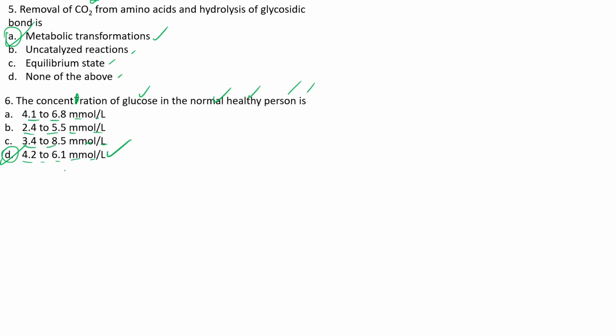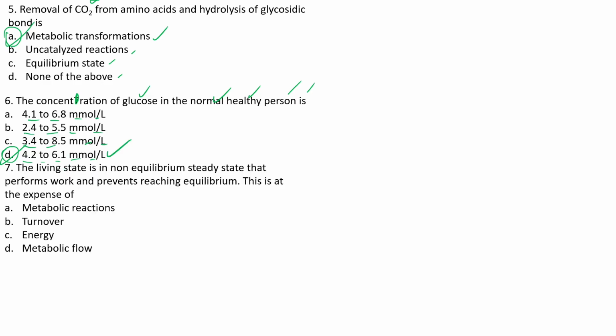Yes. The next question, the living state is a non-equilibrium steady state that performs work and prevents reaching equilibrium. This is at the expense of metabolic reactions, turnover, energy, or metabolic flow. So we can say that preventing reaching equilibrium can be done only at the expense of energy.